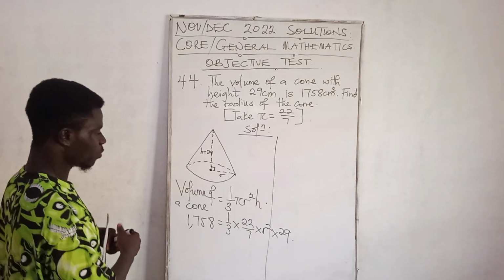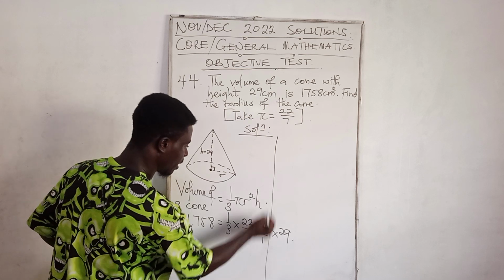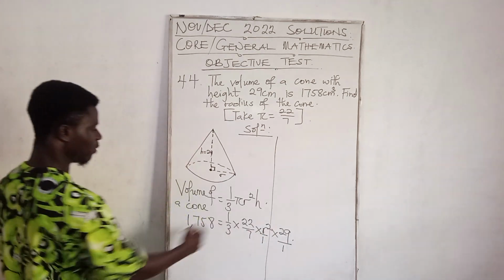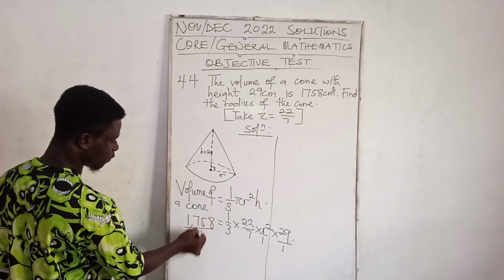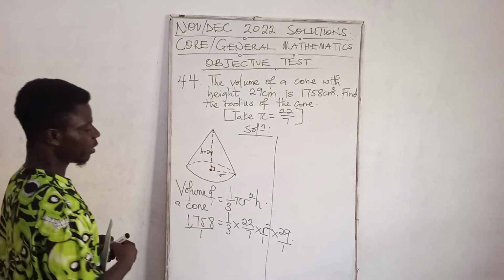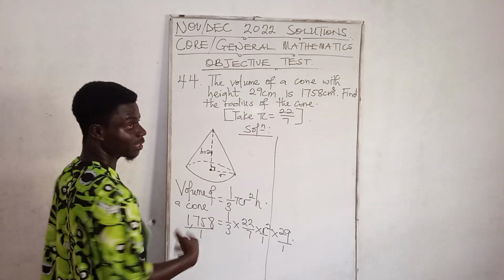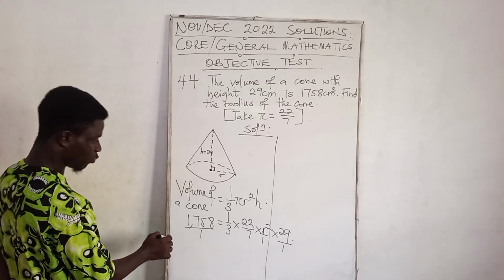So now, what will be our LCM here? Our LCM will be what? This one is over 1, so our LCM will be 3 times 7, or you can say 21. So we multiply through by 21.